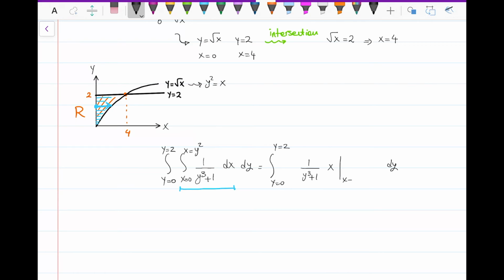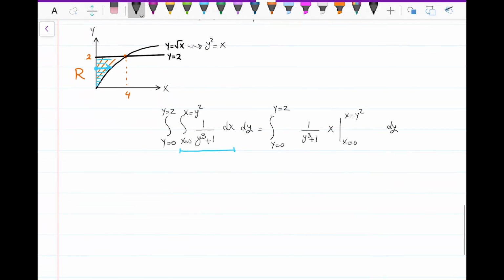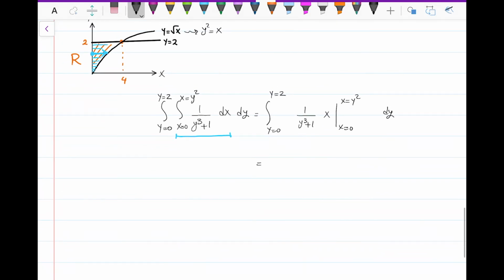And then it is from 0 to x equals y squared. Very good. So I'm going to rewrite the bounds, replace any x by y squared, 1 over y cubed plus 1, minus replace x with 0, which is 0. Okay, and then dy.